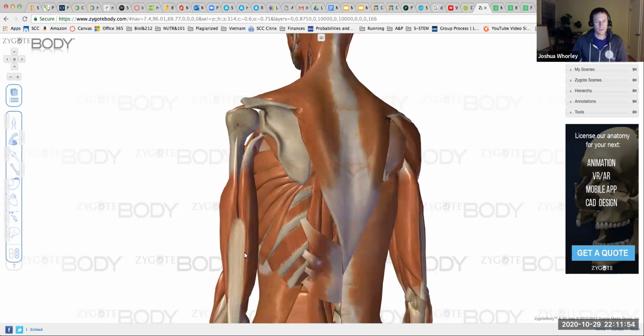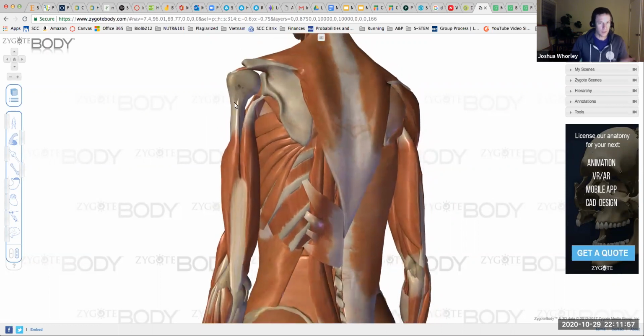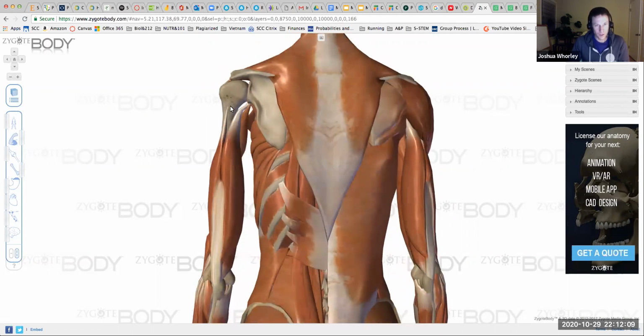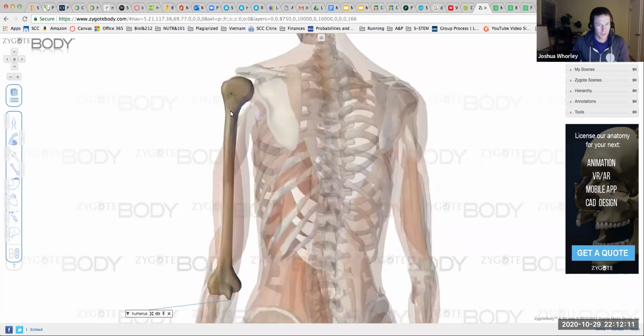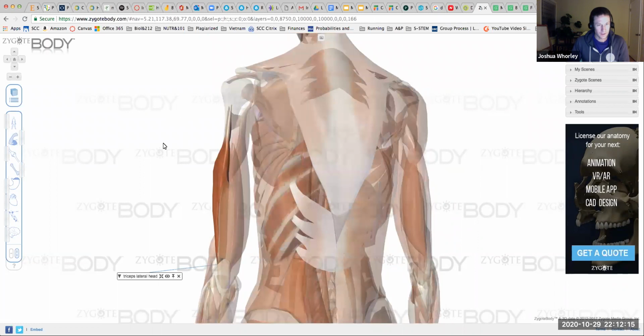So this is the triceps, the origin, a couple different places. We've got part of it originating on the superior, but kind of lateral margin of the humerus. It's not any especially large bone marking to see right there, right?